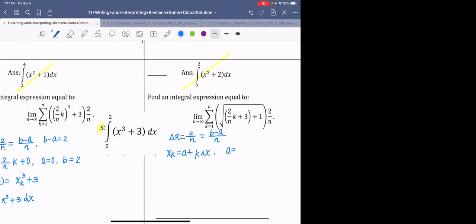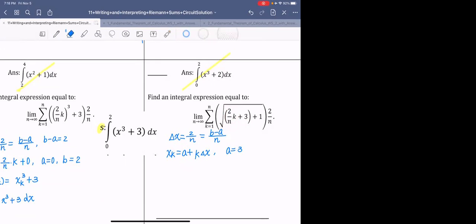So a equals xk minus k delta x. So a equals 3, correct? You see that? Yeah, it is 3. This is delta x. This is k.